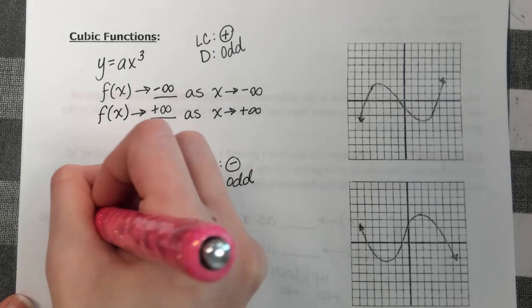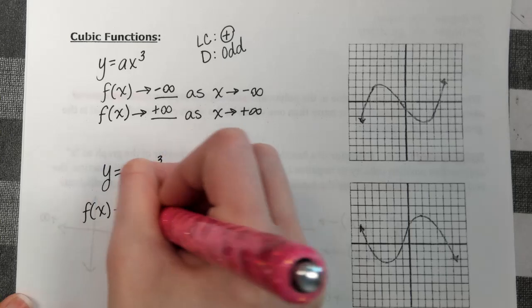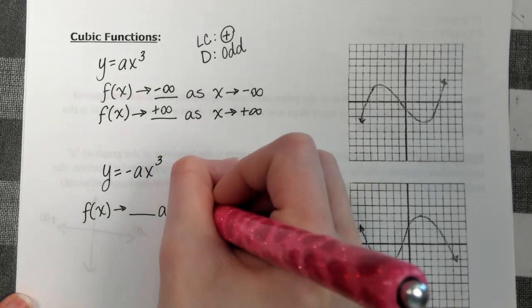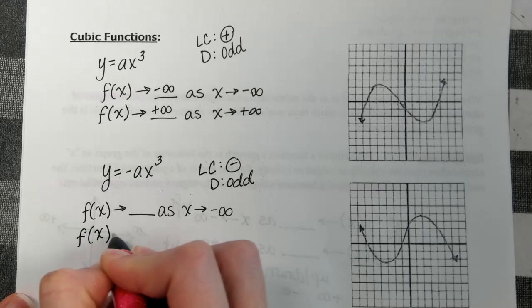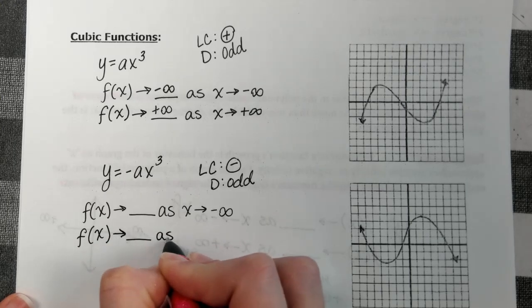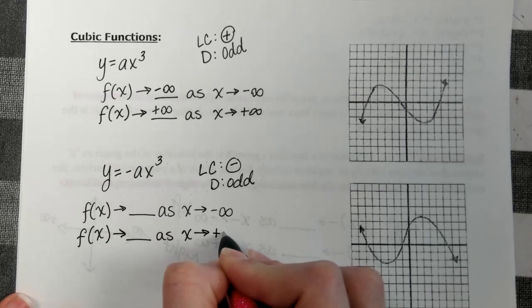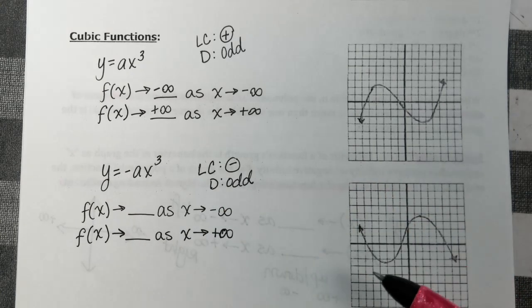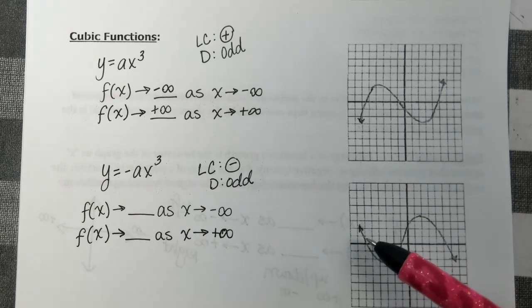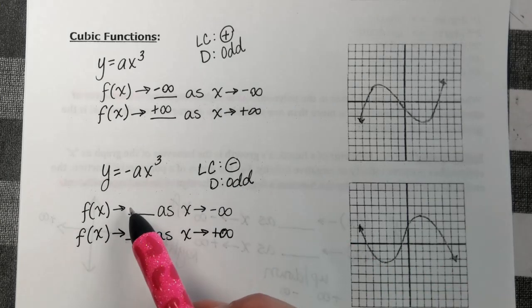Okay, so for my end behavior, if I'm looking at the left of my graph, where's my graph going? Up, so that would be what?